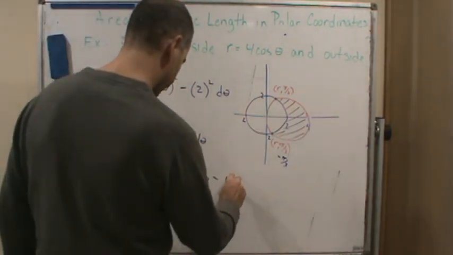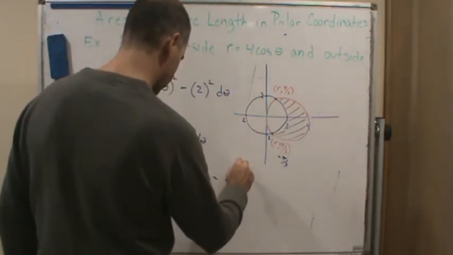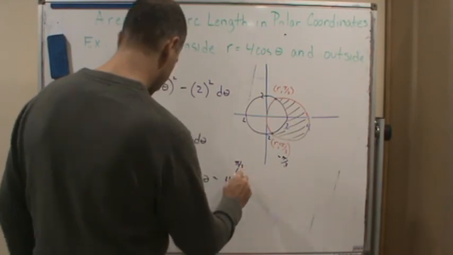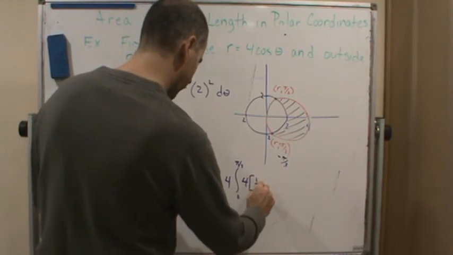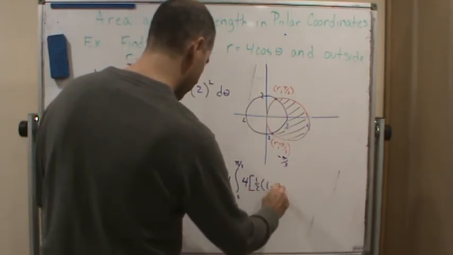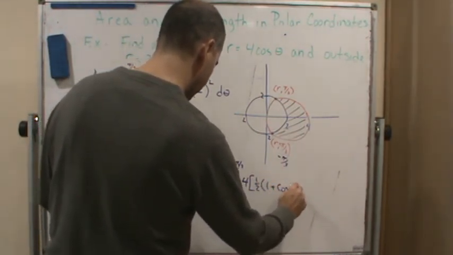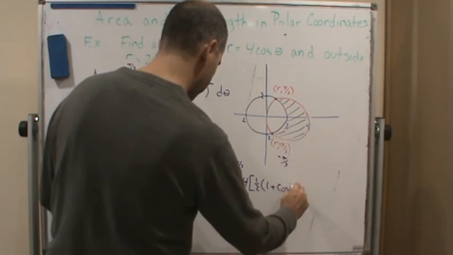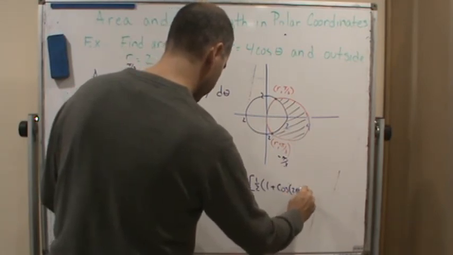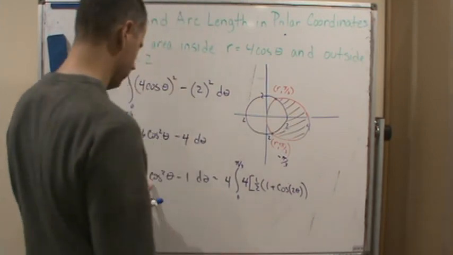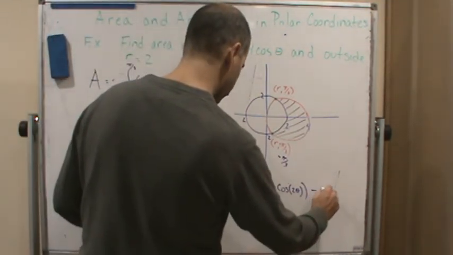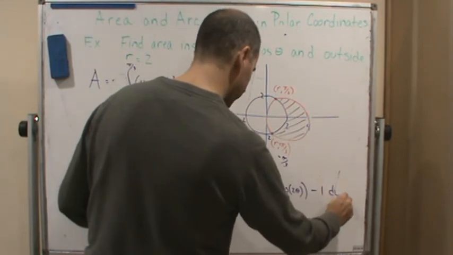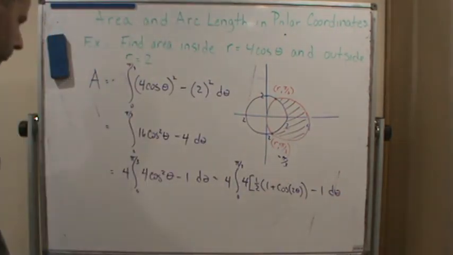So this is going to be 4 times the integral from 0 to pi over 3 of 1/2 times 1 plus cosine 2 theta, minus 1 d theta.